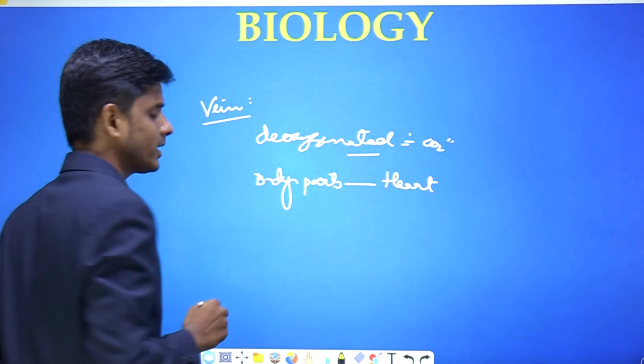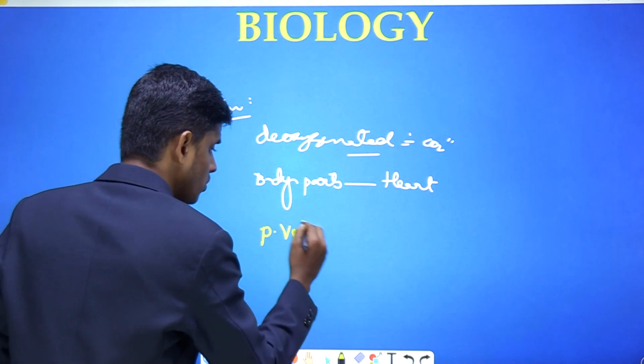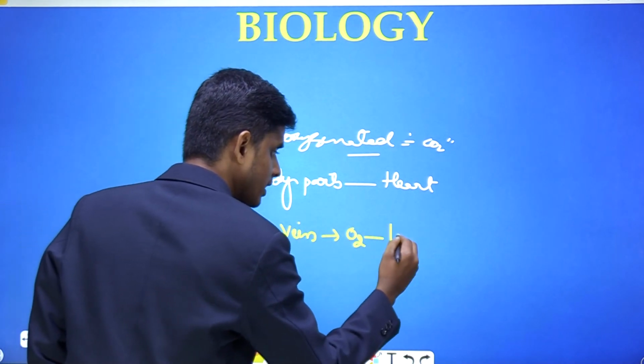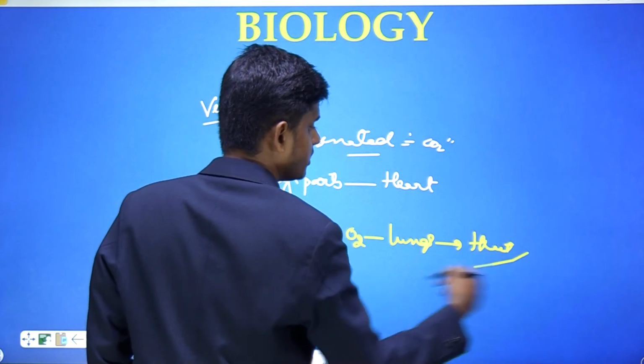But here one exception is there. Another vein is there, the pulmonary vein, which carries oxygenated blood from the lungs towards the heart, and this was another exception.